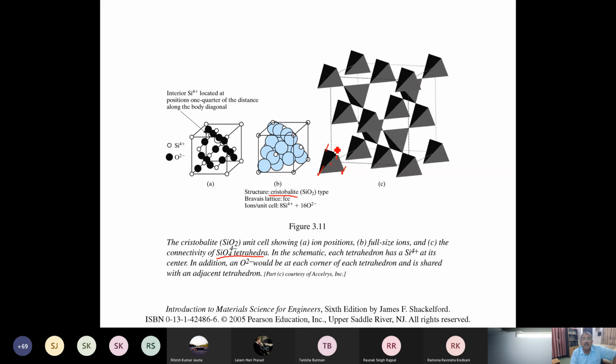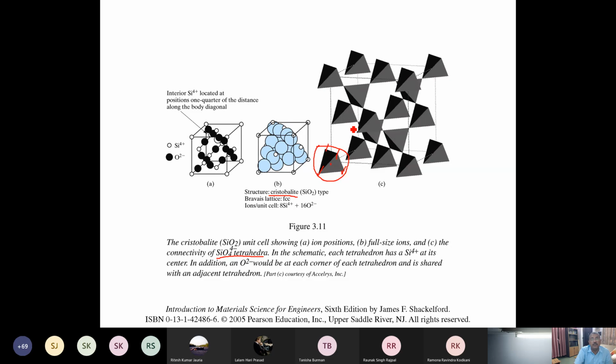I can describe how SiO4 is arranged. 4 oxygen ions are the 4 corners of a tetrahedron and the silicon ion is in the center. I can easily explain, and then I can more easily explain the fact that each tetrahedron occupies either a corner position or a face-centered position.